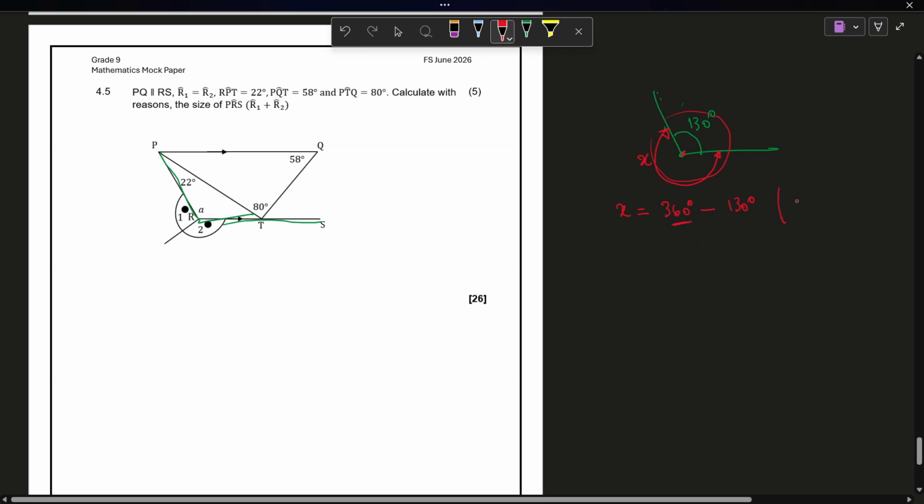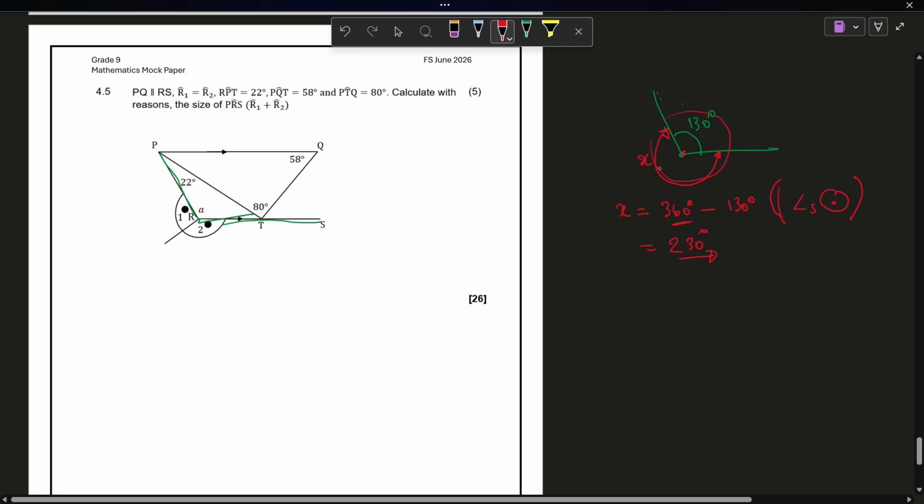So we can say angles around a point is 360 degree. That will be the reason we can use. And now, when we do the subtraction, we get 230 degree. That will be the result of x.